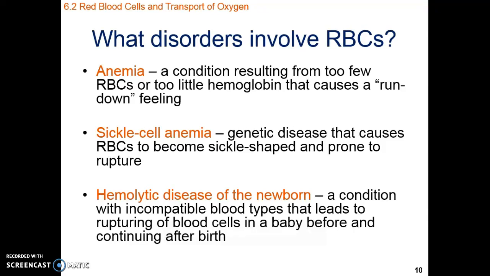All right. Sickle cell anemia is a genetic form of anemia. And what happens here is that the hemoglobin molecule, because of a genetic disorder, doesn't form its shape properly. And without the proper shape, it doesn't carry enough oxygen. It doesn't bind the oxygen as well.